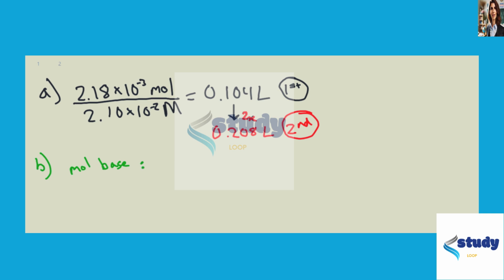So the moles of base, or hydroxide, is equal to 0.025 liters times the concentration of hydroxide, which we previously calculated, 2.10 times 10 to the minus 2. And this will give us 5.25 times 10 to the minus 4 moles.